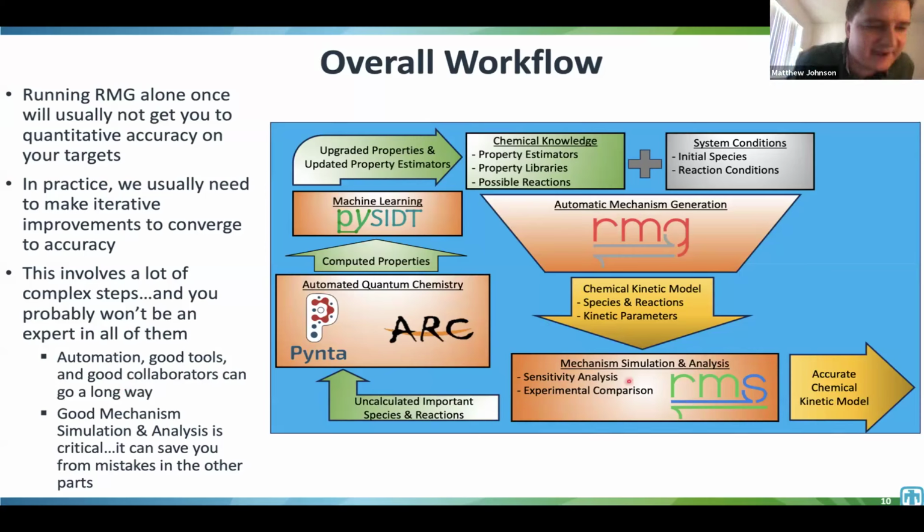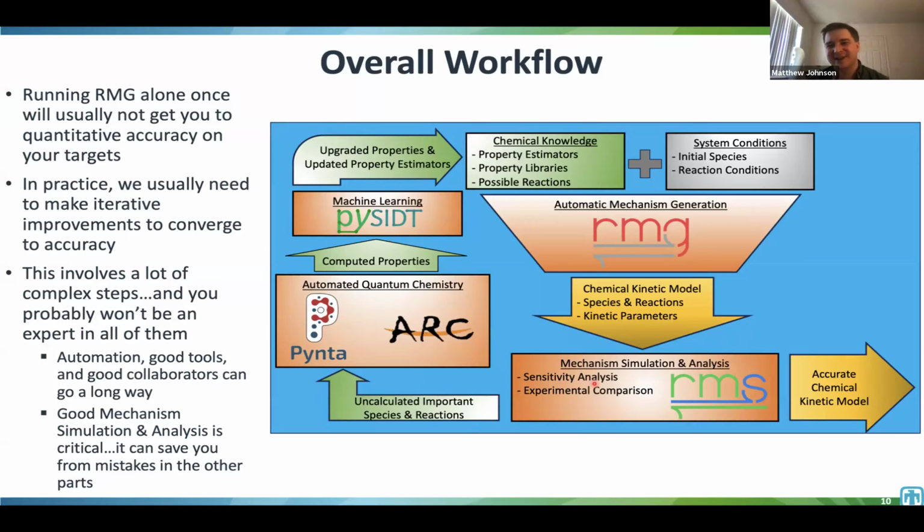Being an expert on mechanism simulation and analysis is very helpful in doing this process because it can save you from mistakes that you make in these other parts, which doing well in these other parts won't save you from if you've screwed up the mechanism simulation and analysis. If you understand how the mechanism is working, it's relatively easy to make good guesses about what rate coefficients might be wrong, or how, if the parameters were slightly different, what sort of predictions you might get.